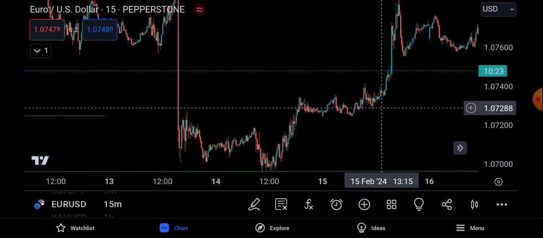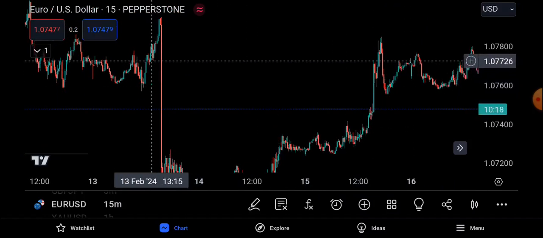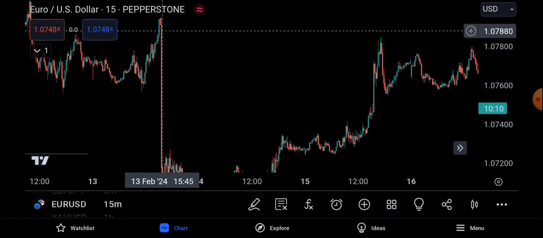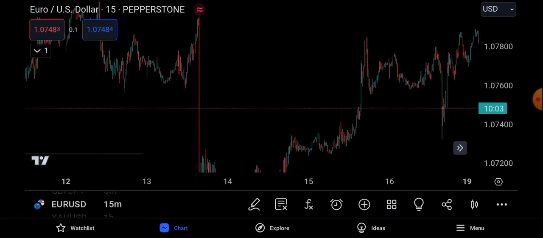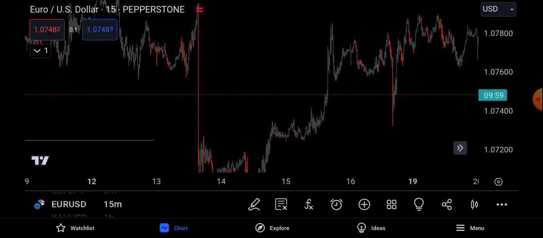And then my targets, like I said before, would be here. If I'm really ambitious, maybe there. But remember, on the higher time frame, we're looking for a market structure shift. There's a possibility that we might actually take this. So you have to keep the higher time frame bias in mind all the time. And that's how you would enter a trade on just the 4 hour leg section.